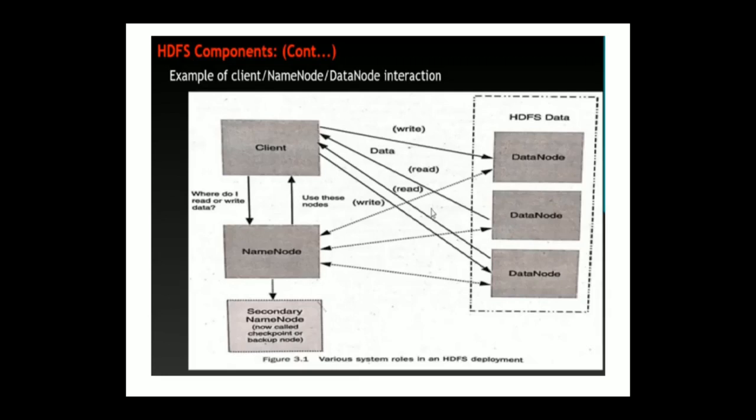The name node manages all the metadata needed to store or retrieve the actual data from the data node. Here you can see the client connecting first to the name node, asking where to read or write the data. The name node says to use these nodes.